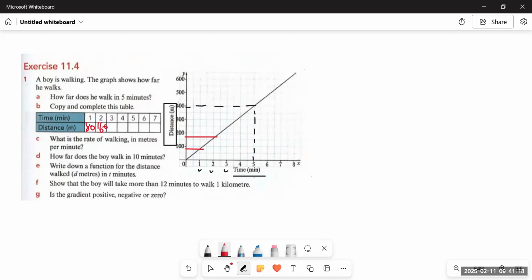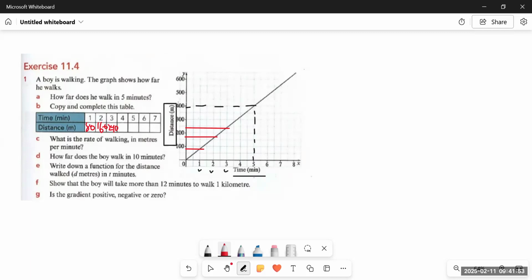Then in 3 minutes, it would be 240, right? It's just before 250, that is, right in between 200 and 300 would fall 250, and it's right before 250, so it would be 240.